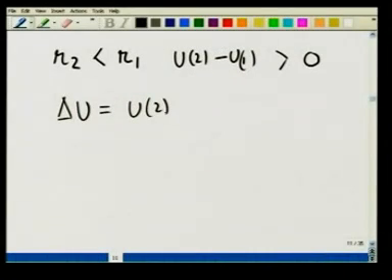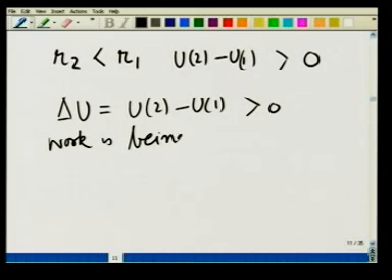So when I am defining potential energy, if delta U, that is U2 minus U1, is greater than 0, then positive work is being done by us.